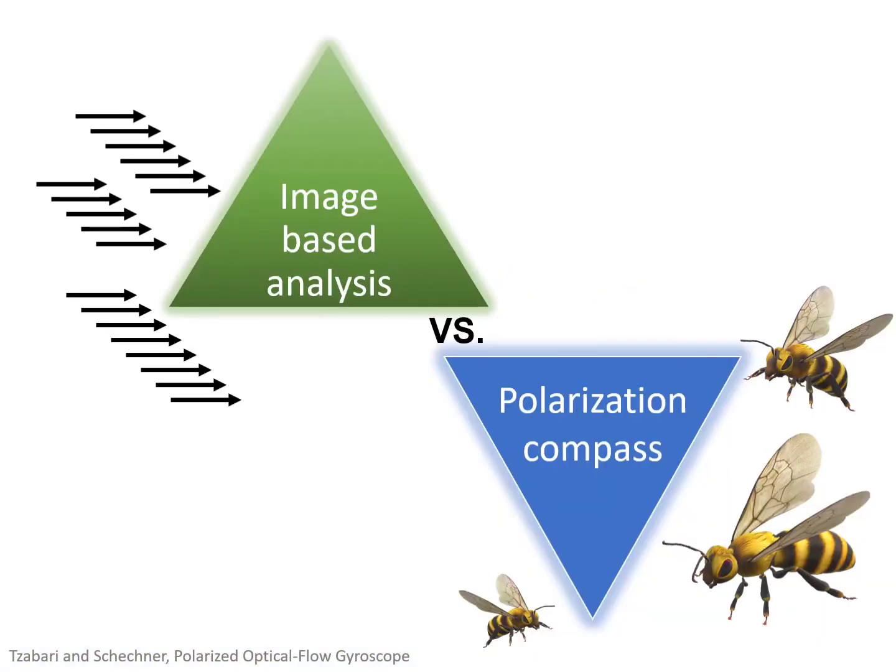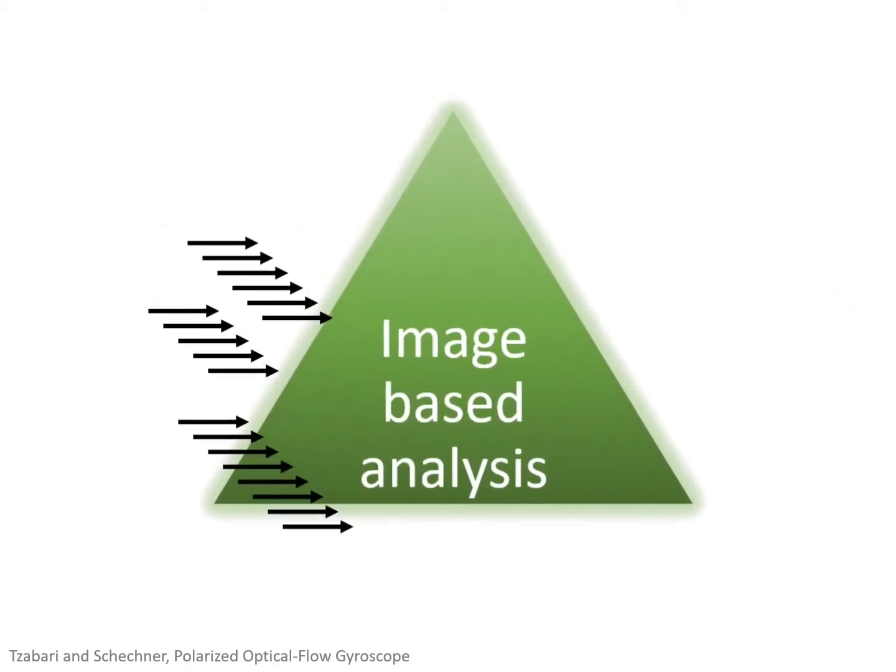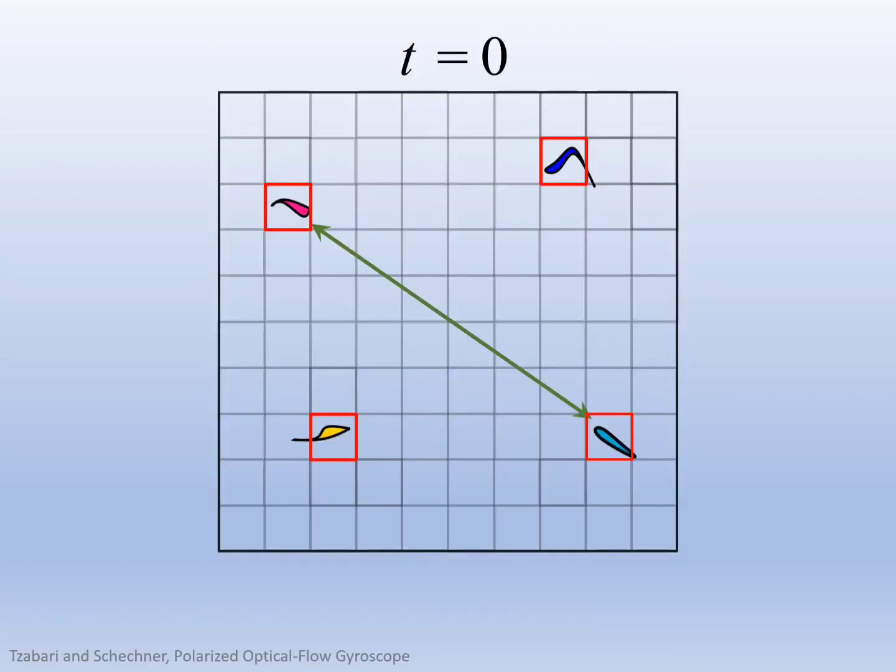To answer this question, we must compare the sensitivity of image-based analysis of rotation and the sensitivity of the polarization compass. Let's start with the image-based analysis. Let's define R as the distance between a random pair of edgelet pixels. Its length is typically half of that of the frame.